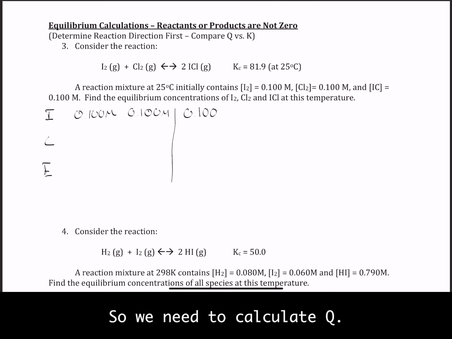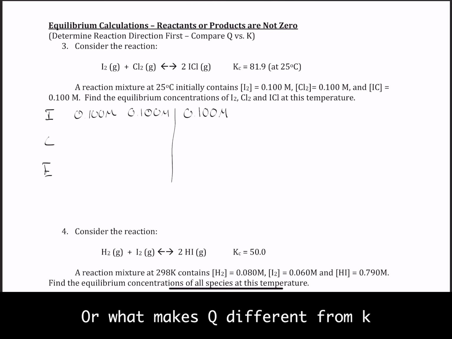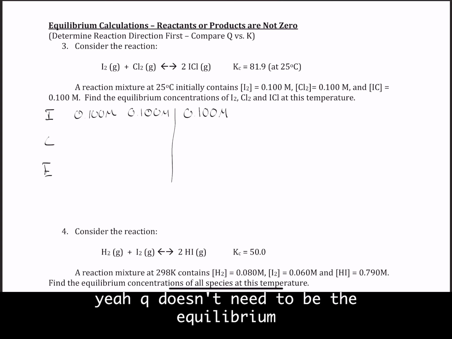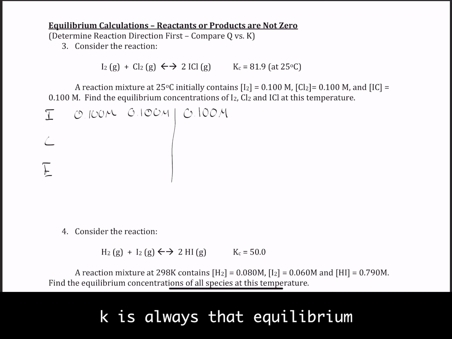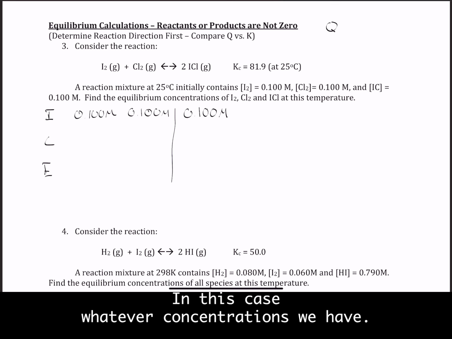So we need to calculate Q. What's the difference between K and Q? Or what makes Q different from K? Doesn't need to be in equilibrium. Yeah, Q doesn't need to be at equilibrium. K is always at equilibrium. Q is where we calculate just for, in this case, whatever concentrations we have.